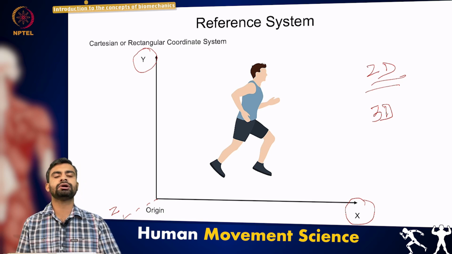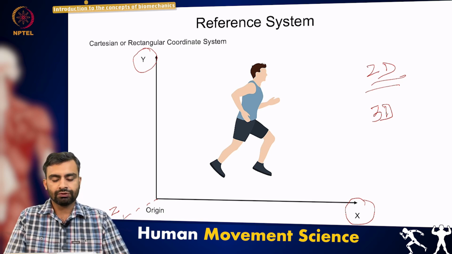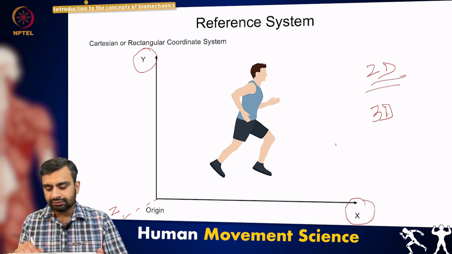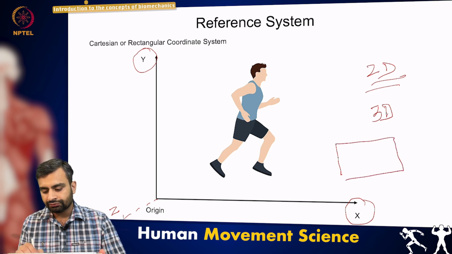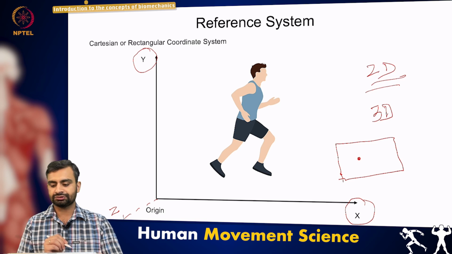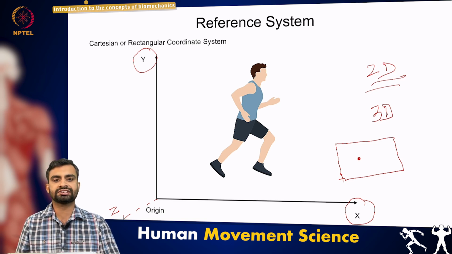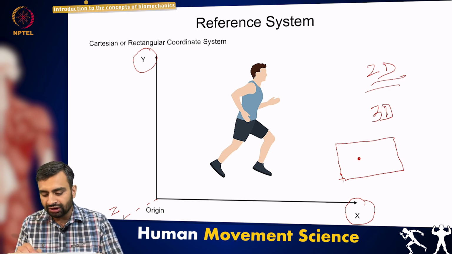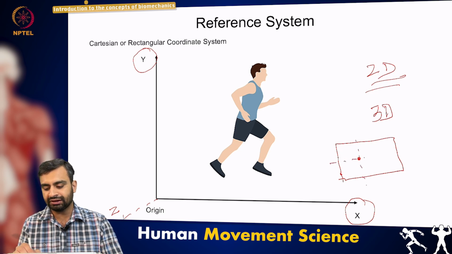So why do we need to understand the reference system? For example, in a football match, there is an athlete with the ball at this corner. If you have to define the location of the ball at this point, how will you define it in a way that is repeatable?